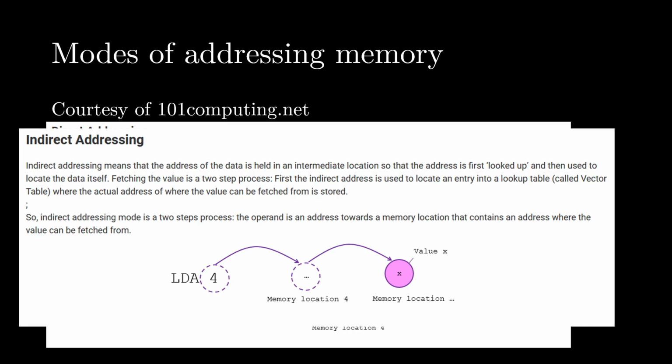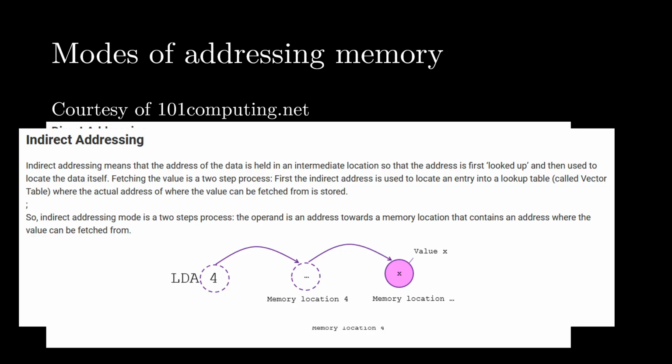Now we've got indirect addressing. This is basically similar to direct addressing, but we've got another step in the cycle. In this case, if we want to load 4, we look to memory location 4, and then that memory location holds the address of where the value is stored. So fetching a value is a two-step process.